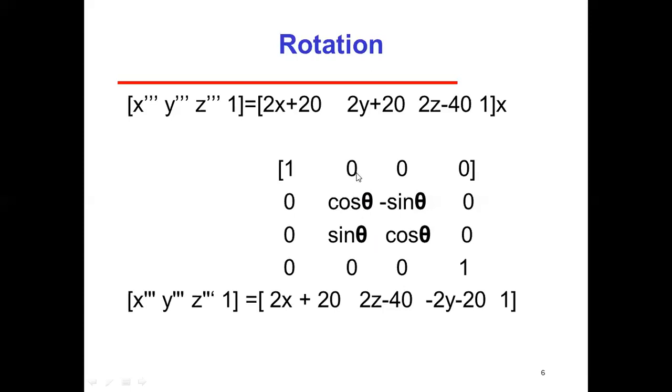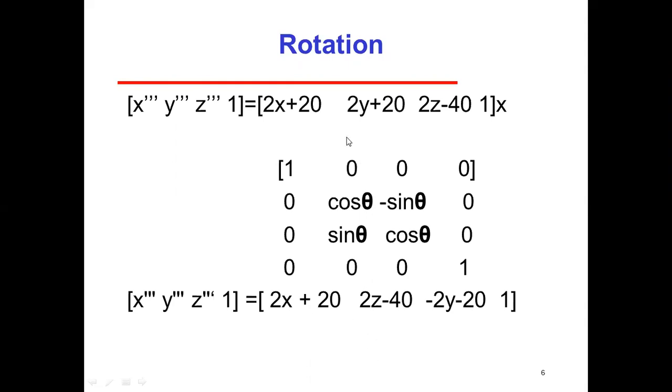So here it will come 0, cos 90 is 0, sin 90 is 1 and 0. Similarly in this case 0, minus 1, 0, 0 0 0 0 1. Then we will multiply this whole matrix by this one, and we will get the generalized formula in the form of the initial points x, y, z.